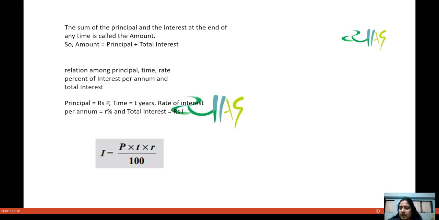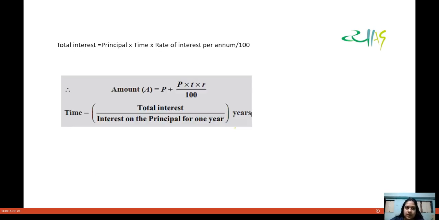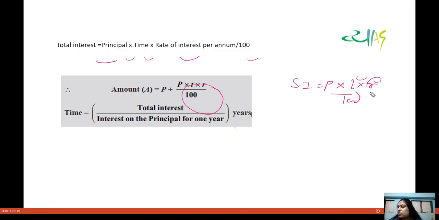Now let's move forward. Total interest is equal to principal into time into rate of interest per annum divided by 100. Obviously we know this formula. In case of simple interest, our interest can be calculated as P into T into R by 100. You can use this where a direct formula is applicable.